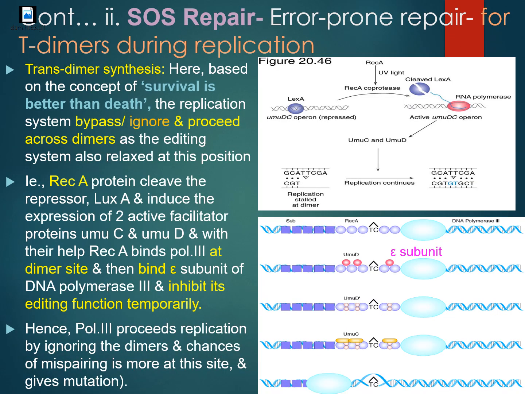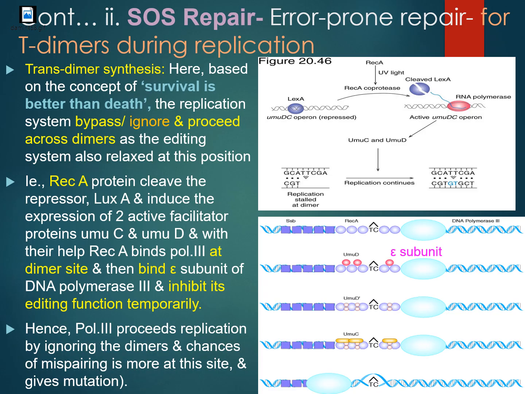What is SOS repair? SOS repair is nothing but translesion dimer synthesis. It is error prone. So due to this, errors can be there, but somehow the replication will proceed. In translesion synthesis, survival is better than death.